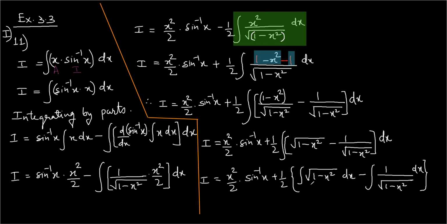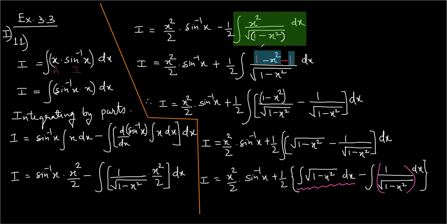Okay, this is getting bigger, but don't worry, it is going to be easy. Now inside the bracket, I have two integrals: integral square root of 1 minus x square and integral 1 upon square root of 1 minus x square.